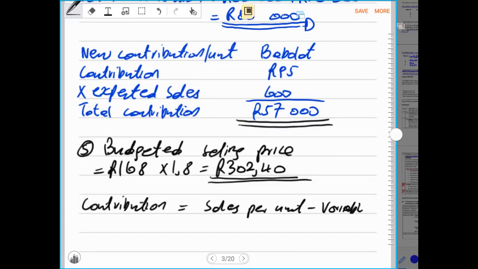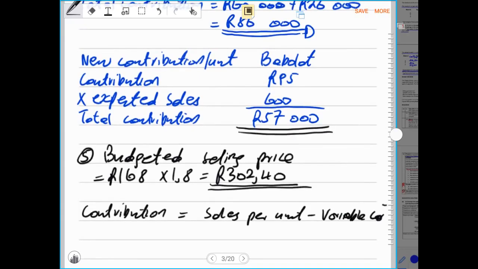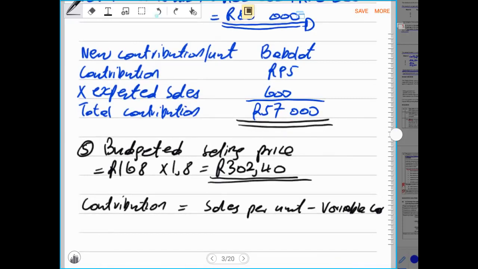Nothing changes. And my sales per unit are 302 rand 40 cents, my budgeted sales per unit. My variable cost is 168.